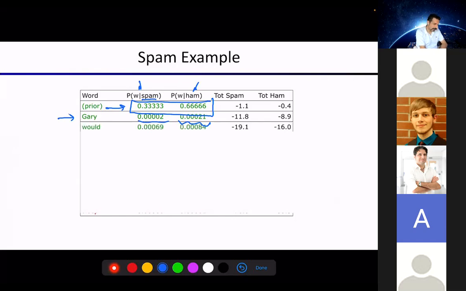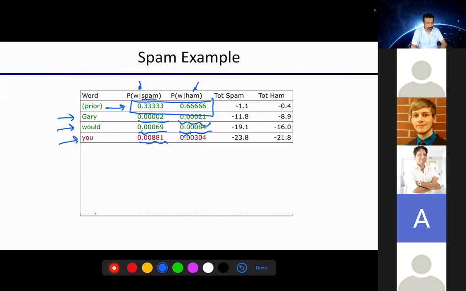And then you see another word, would, based on your conditional probability. This is slightly more probable to be ham. Again, your model thinks that this is a ham given this data. And then you see you, which is a lot more probable to be a spam.